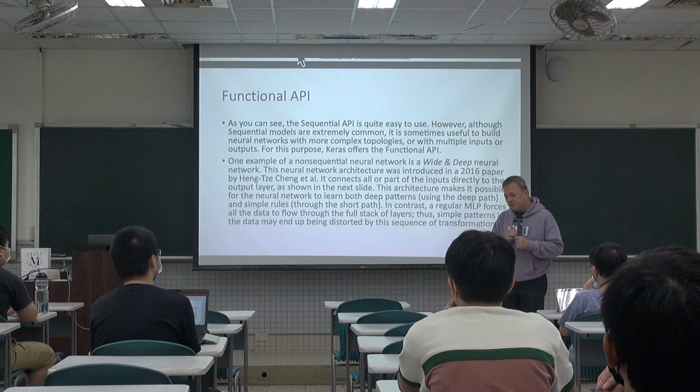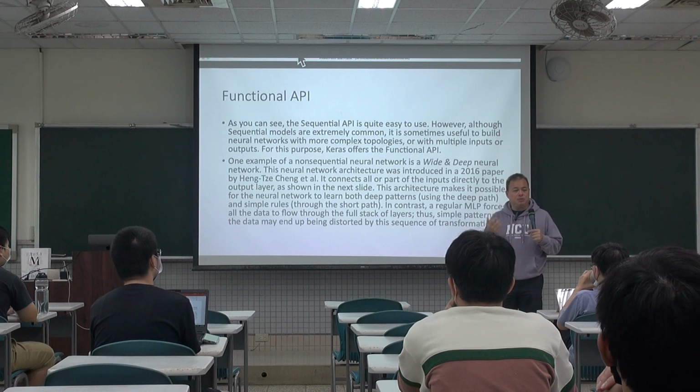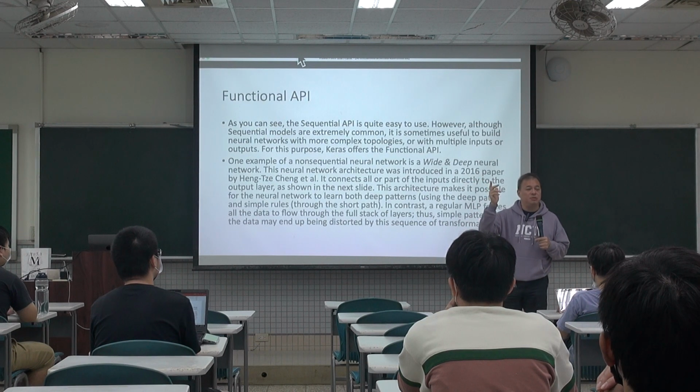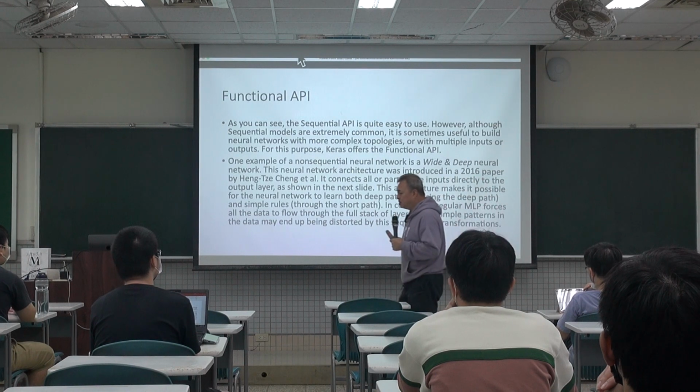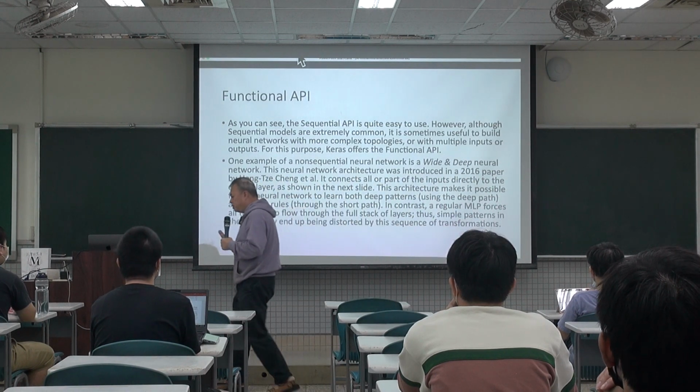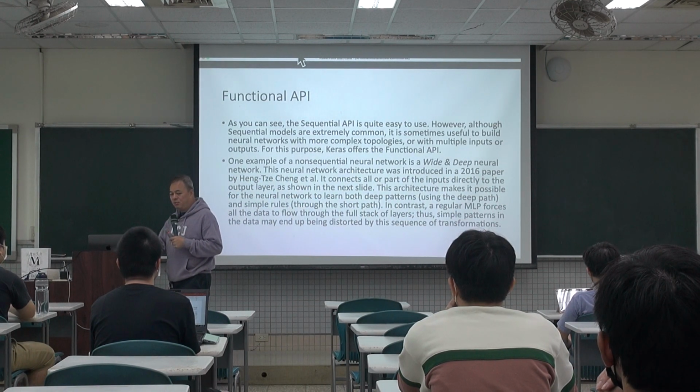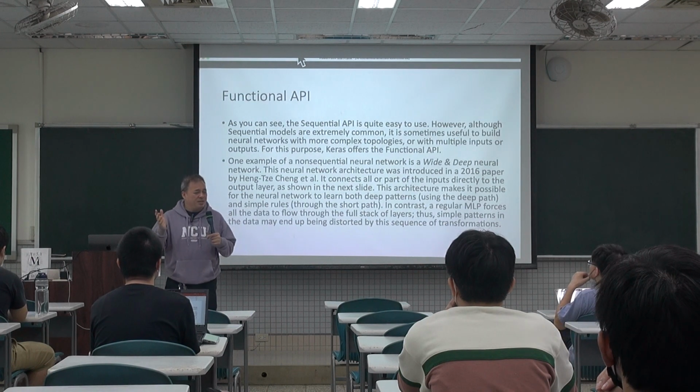Or sometimes you may want your model to be able to deal with more than one input, or even more than one output. You may wonder in what situation we need a model that deals with more than one input. Here, when I say more than one input, I'm not saying more than one feature.